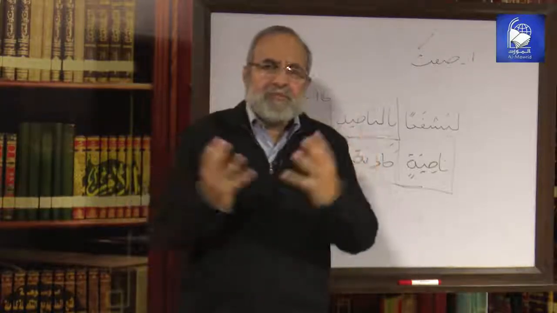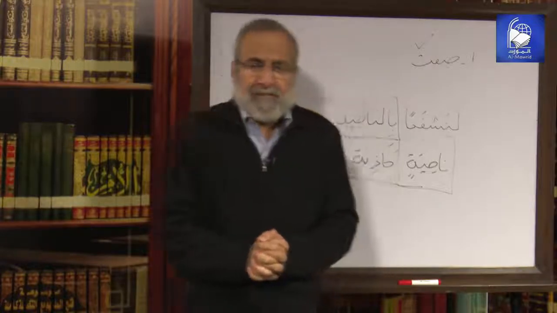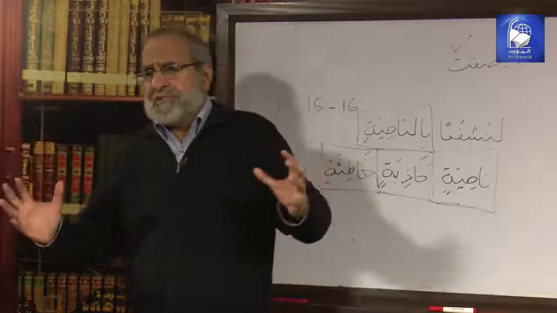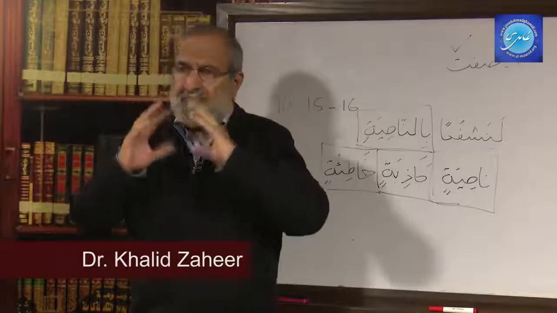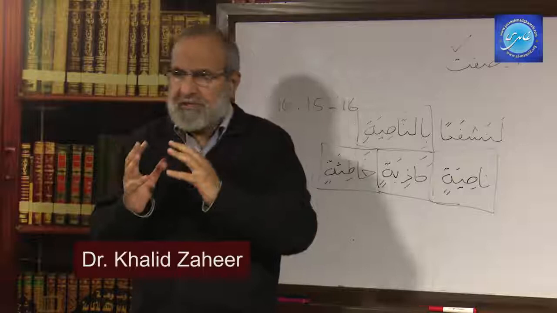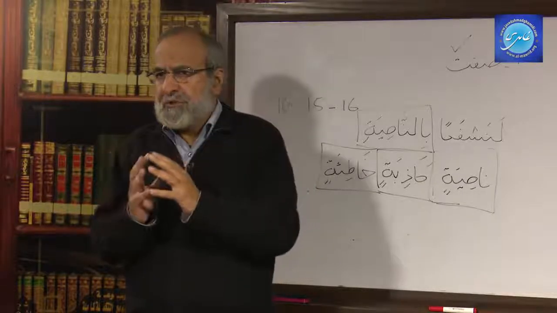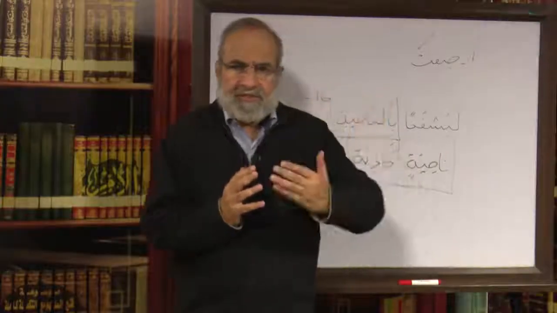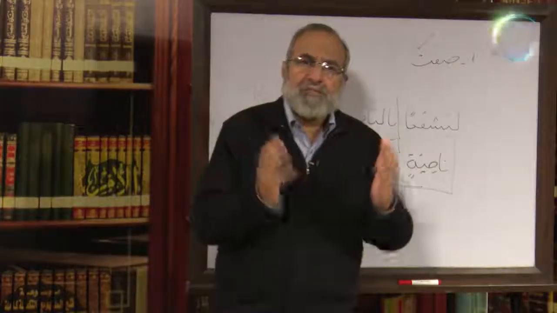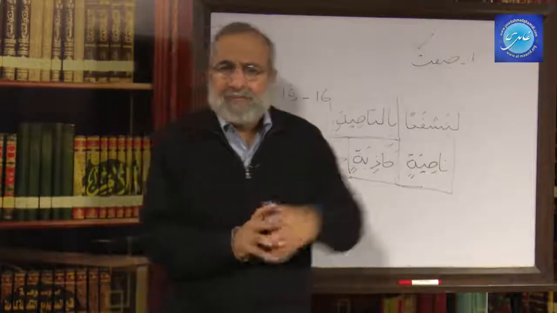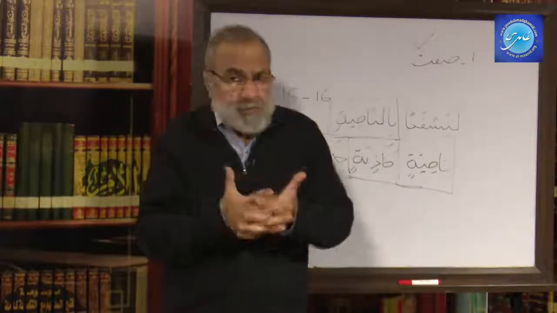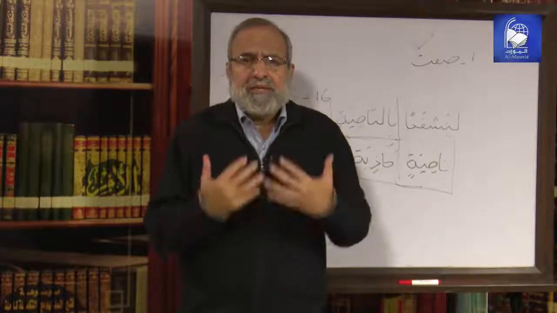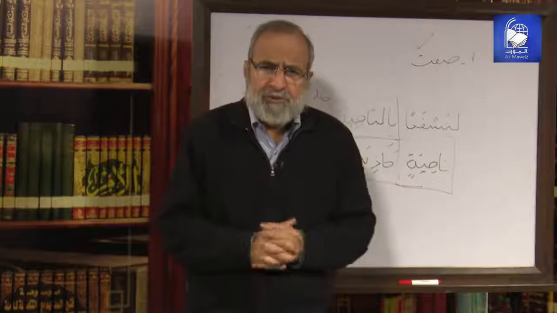Now what I've described in this presentation is that we've already seen that there are three categories of reasons why a noun is going to take three different forms of i'rab. It's either going to be rafa or nasab or jar, and each one of them has its own reasons. We've seen rafa has 4 reasons, jar has 2 reasons, nasab has 11 reasons that we've discussed. Obviously there could be more as well, but we have taken care of most of the reasons.